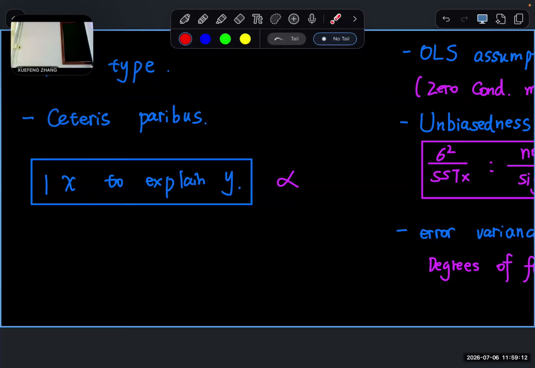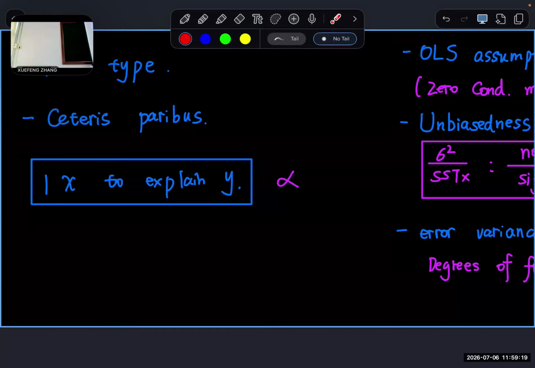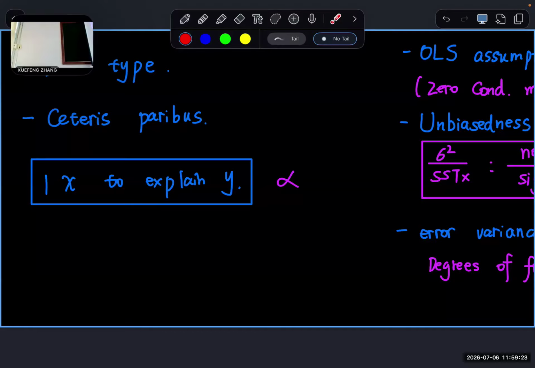What does it mean? In economics, we have a recession and the business cycle, boom and recession. So people's reaction might be different during boom and also recession. This is what I'm doing for my paper.